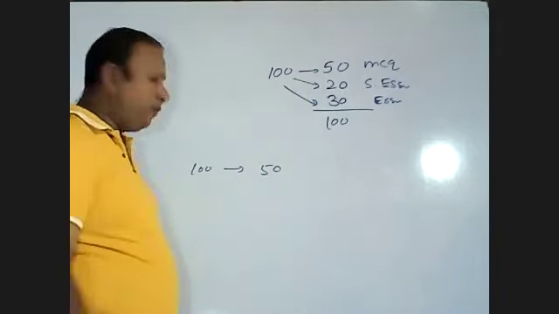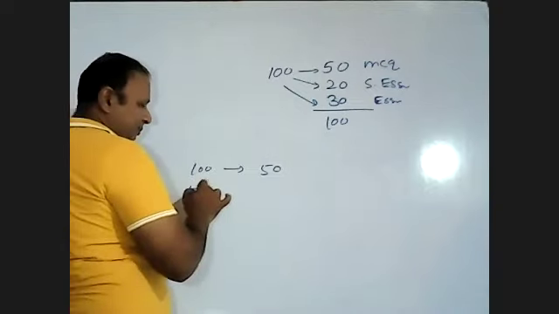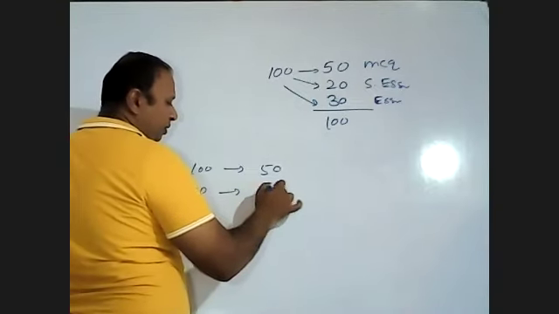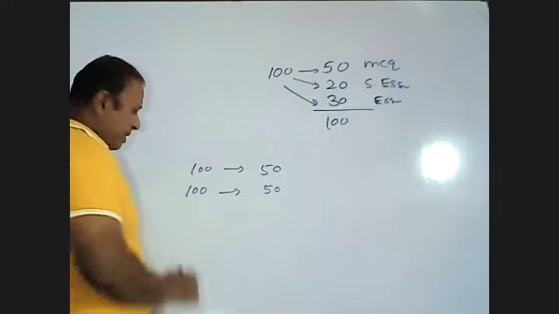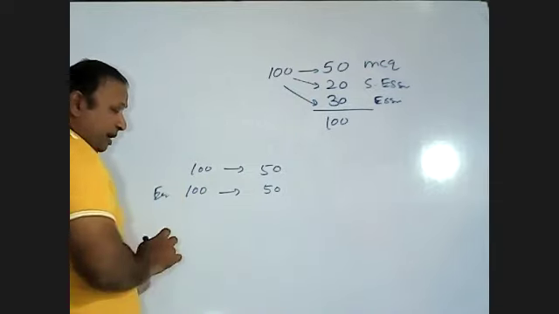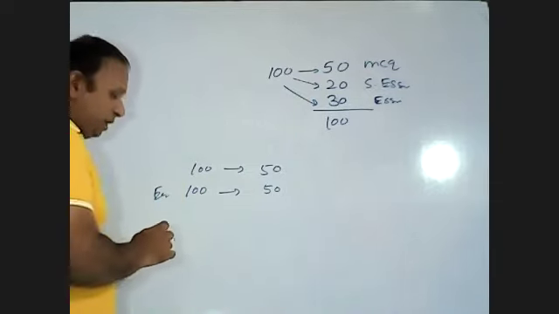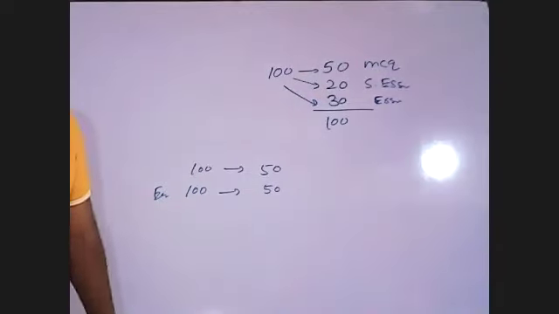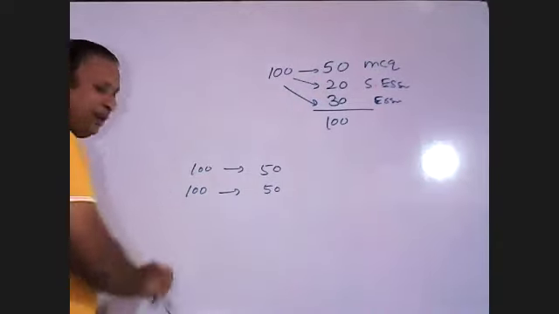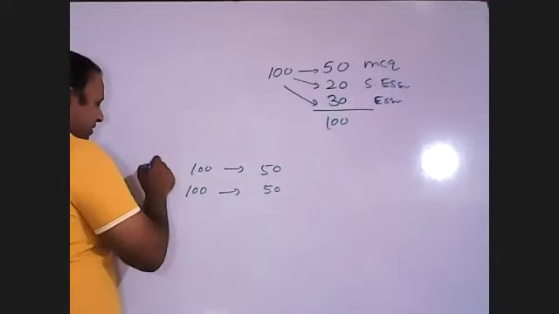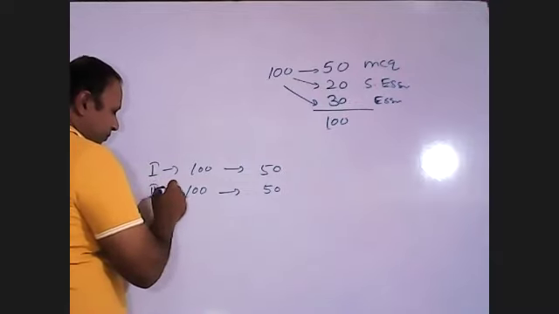For the essay paper, you will get another 100 marks, then it will be converted into 50. This is for the first paper, and this is for the second paper.